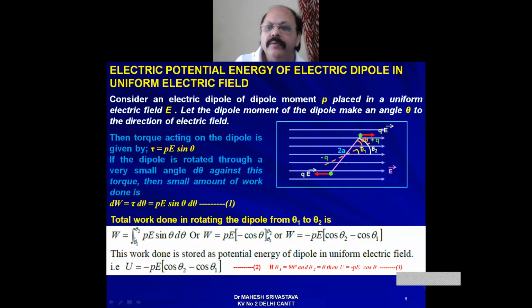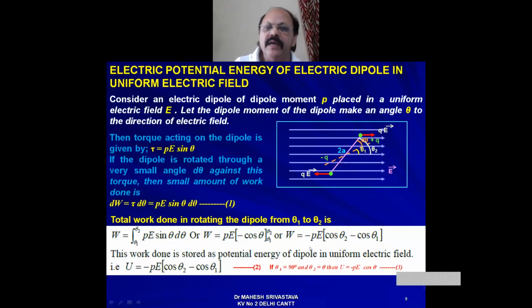W equal to integral from theta 1 to theta 2 of PE sin theta d theta, or W equal to PE times the integration of sin theta, which is minus cos theta, with limits theta 1 and theta 2. Then W equal to minus PE, the negative sign taken outside the bracket, then upper limit minus lower limit, so cos theta 2 minus cos theta 1.